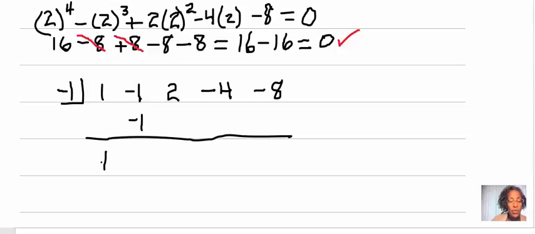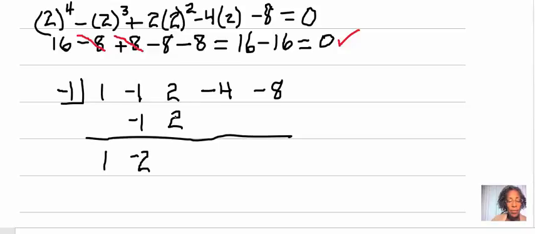So I bring down this first coefficient of 1. I multiply that by -1. I put that product right under the next coefficient above my horizontal line, and I add to get -2. -1 times -2 is 2.